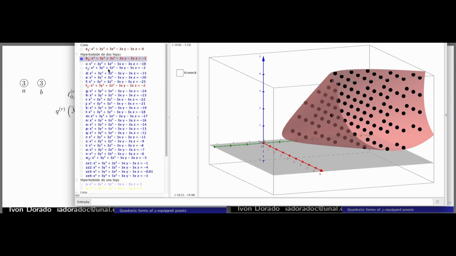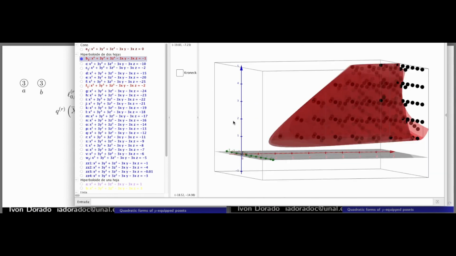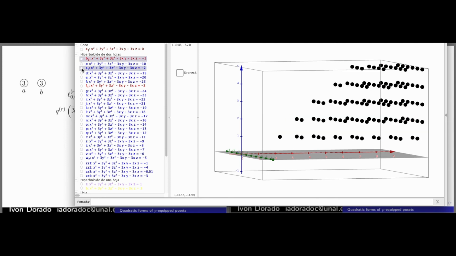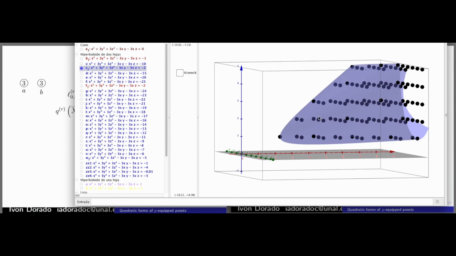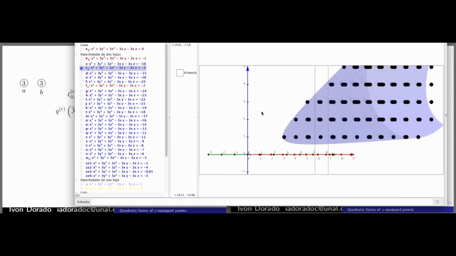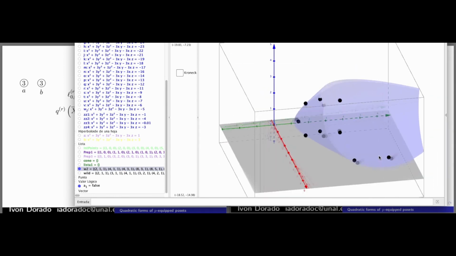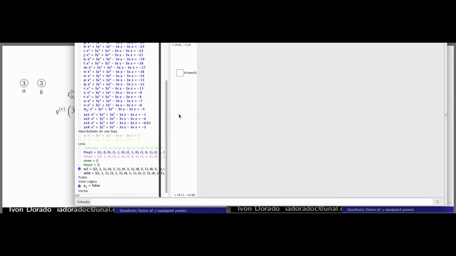Here we have the quadratic form equal to -1. It seems we have no points on this hyperboloid. Here we have the quadratic form equal to -2. This is another hyperboloid, and we have some points on its surface. I will choose only the points on this surface. We have those points here.